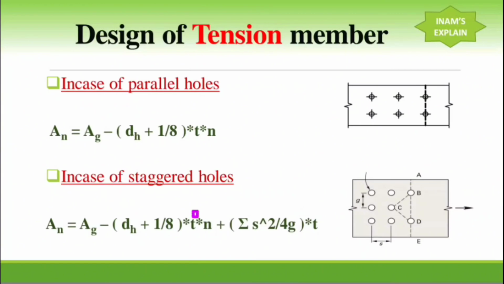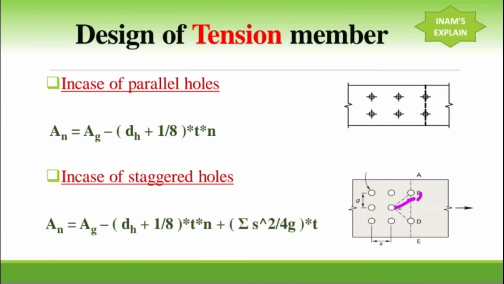So in this, what will be n? If the failure plane is this one, then the total number of holes is 3: 1, 2, 3. So here the number of holes will be 3. What will be the summation? We count the inclined paths, 1, 2, 3, 4. It depends on the inclined length.